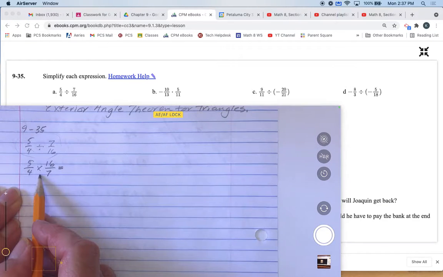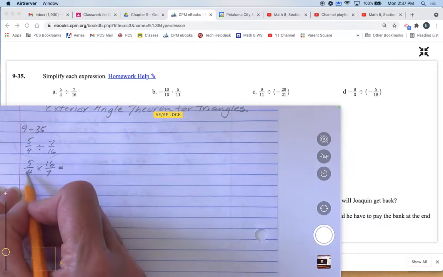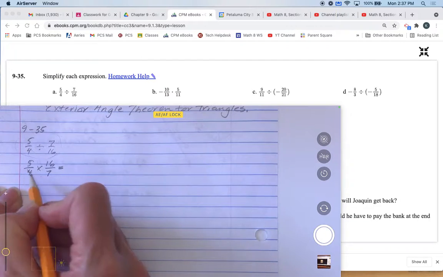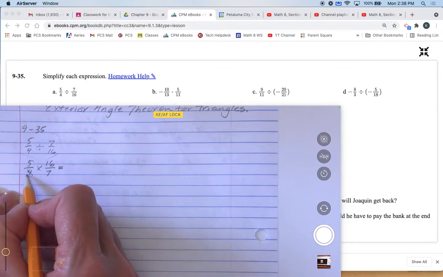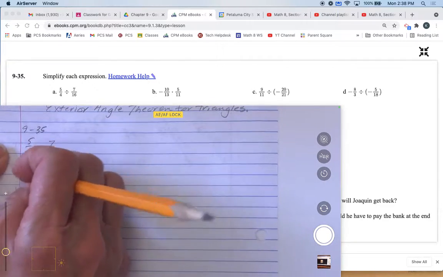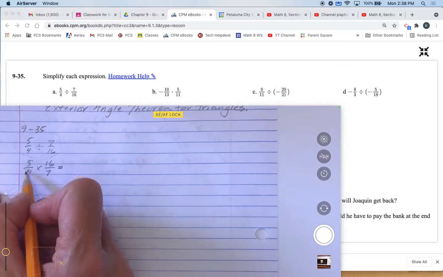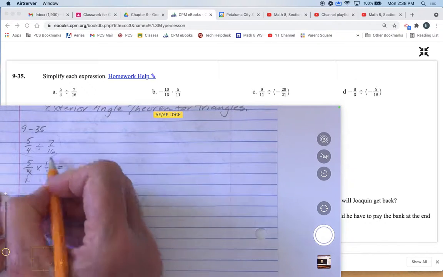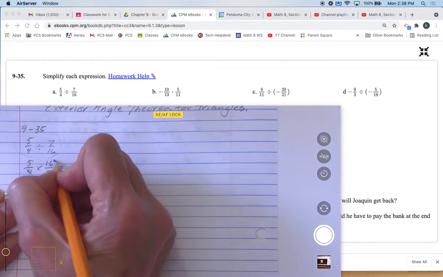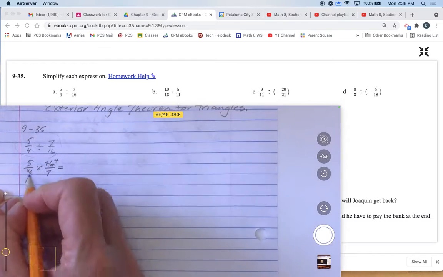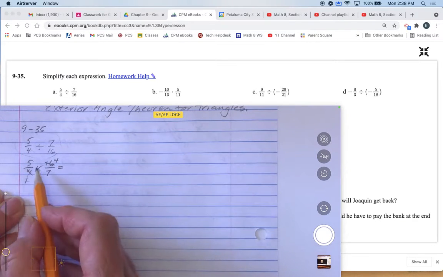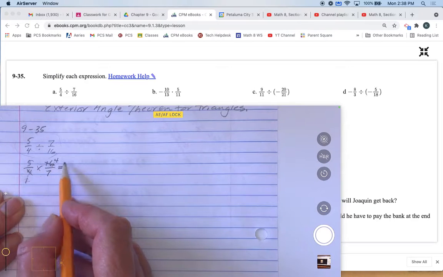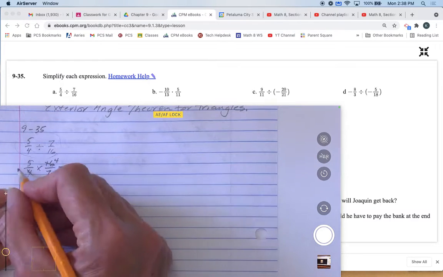And these numbers are kind of big, so we can simplify first, because 4 goes into 4 once, and 4 goes into 16 4 times. Okay, so now we've done a bit of canceling. It's going to be easier to multiply.